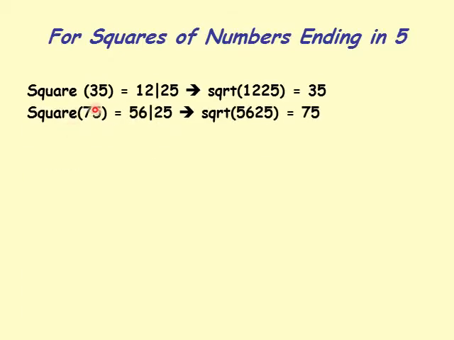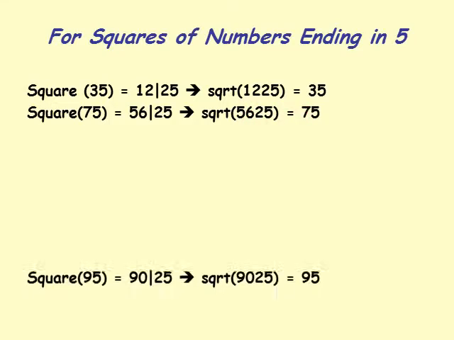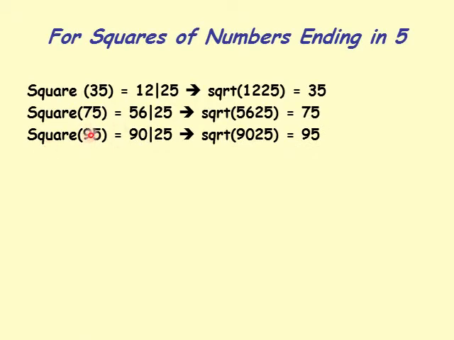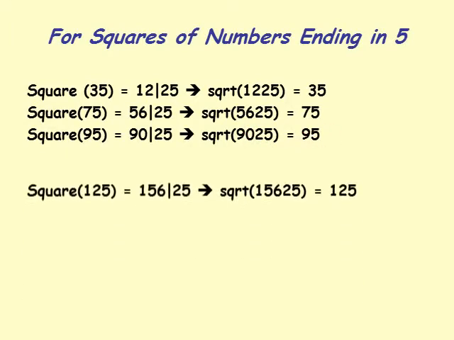The square of 75 is 5625, so the square root of 5625 is 75. We notice 25 on the right and 56 on the left is equal to 7 times 8, which gives me 7 on the left. The square of 95 is 9025, and the square root of 9025 is 95.